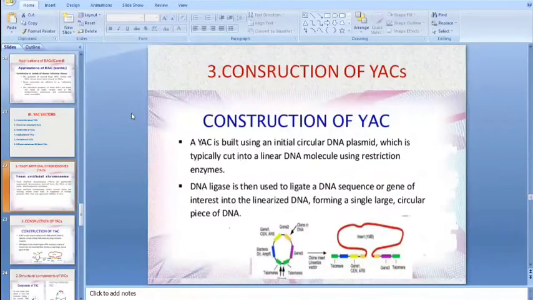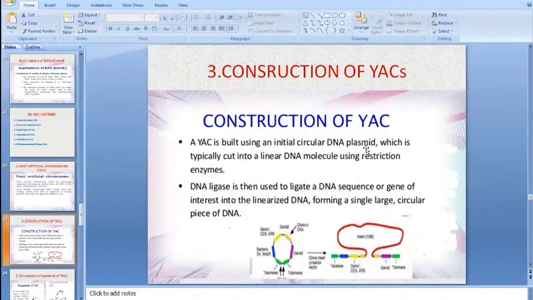Then how are they constructed? The construction is mainly built using an initial circular DNA plasmid. That means for the construction of a YAC, in addition to the yeast DNA molecule, they also use the circular DNA of a plasmid.